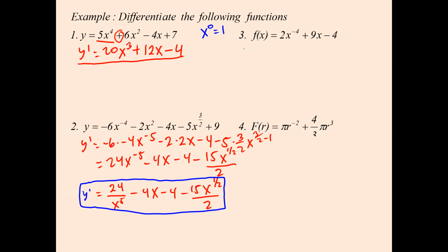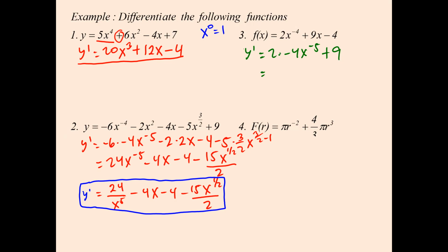Number 3. So, y prime is equal to 2 times negative 4, okay, so times x raised to negative 5 plus 9. Very good. So minus 4, derivative of negative 4 is 0.